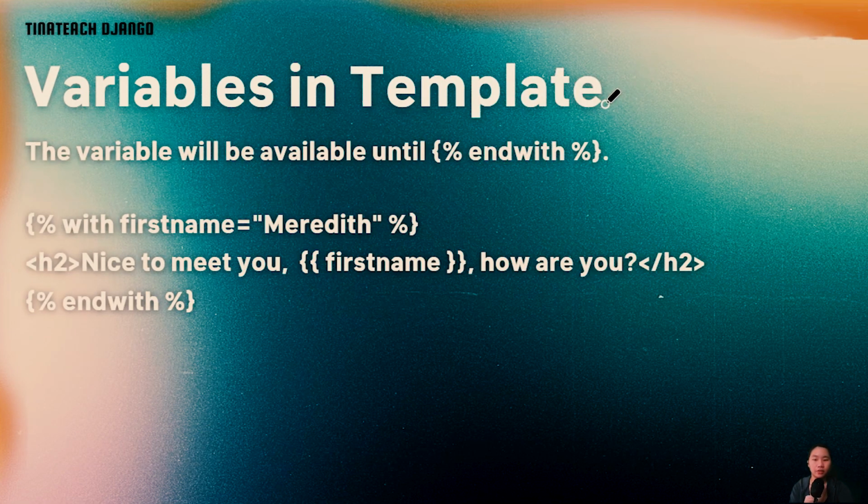Then let's go back to template. The variable will be available until it encounters this syntax end with. All right? So this is the beginning. You open the Django syntax up with first name equals to Meredith, and then nice to meet you, first name, how are you? And then you end with.